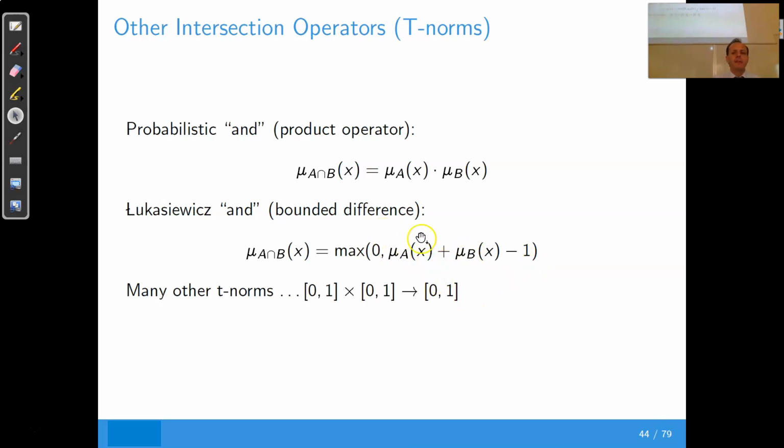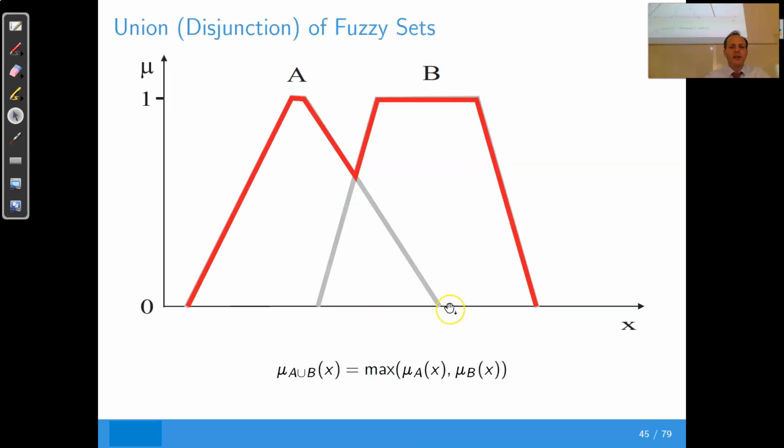For example, if these two membership functions are very small, you can get something like -1, so you must guarantee that this operation is always in the domain between 0 and 1. Or there are other T-norms. Everything is indicated here as Cartesian products of the domain between 0 and 1 to a codomain between 0 and 1.